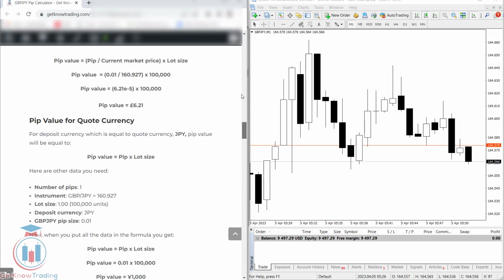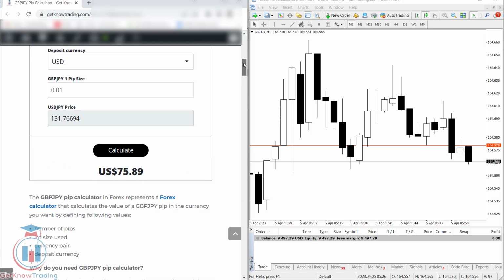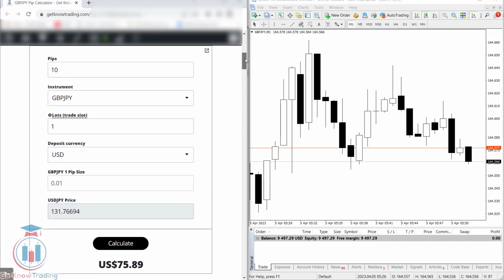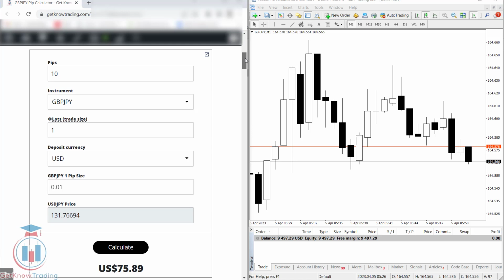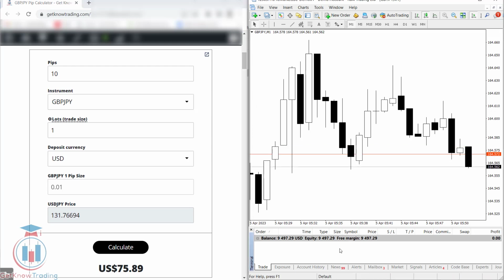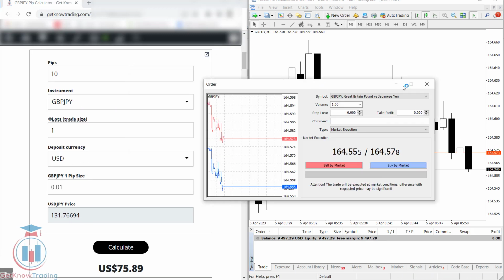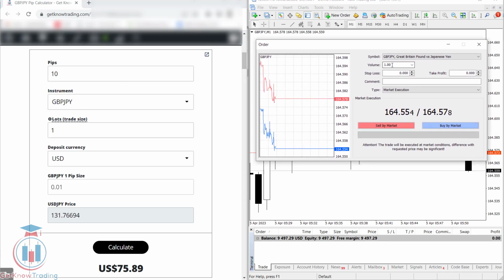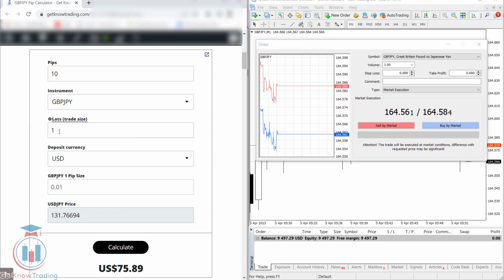Let's go and see an example with this GBP Japanese yen calculator. For example, in the trading platform, let's say we open one standard lot, and that means a volume of 1, which is also equal to this one lots.